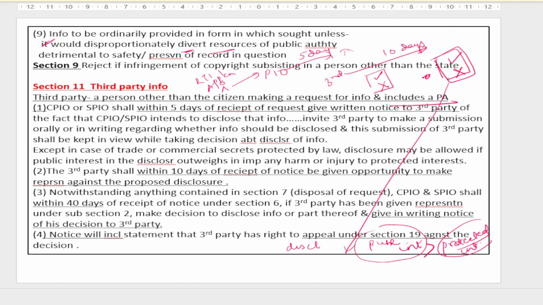In that case the PIO can still take a decision to disclose the third party information even if the third party has not consented to the disclosure, and the PIO will give in writing the notice about his decision to the third party.